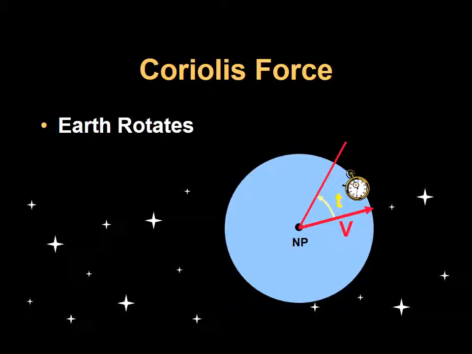We can calculate that angular movement, because we know that the angular rotation rate of the Earth is omega. Multiply that by time, and that gives us the number of degrees or number of radians that the Earth has moved in the time that it takes for the object to go from the North Pole to the equator.